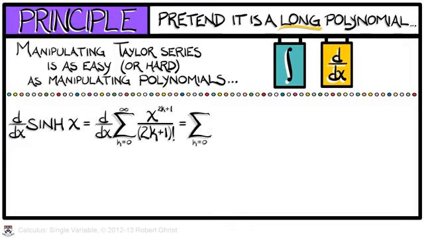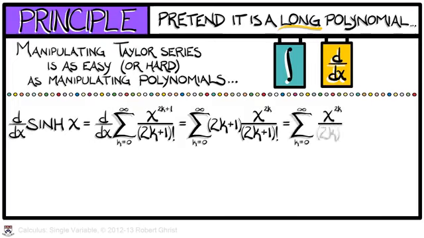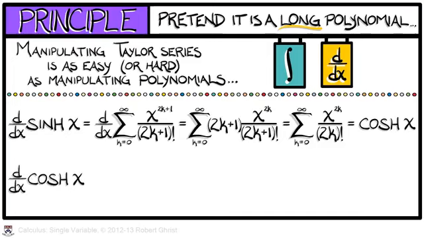Since the derivative of x to the 2k plus 1 equals 2k plus 1 times x to the 2k, we can see by dividing by 2k plus 1 quantity factorial and summing as k goes from 0 to infinity, that the derivative is the sum, k goes from 0 to infinity, of x to the 2k over 2k quantity factorial. That is simply the hyperbolic cosine of x.